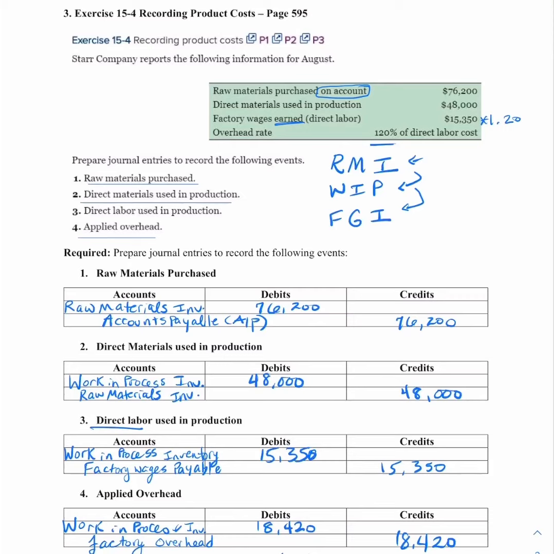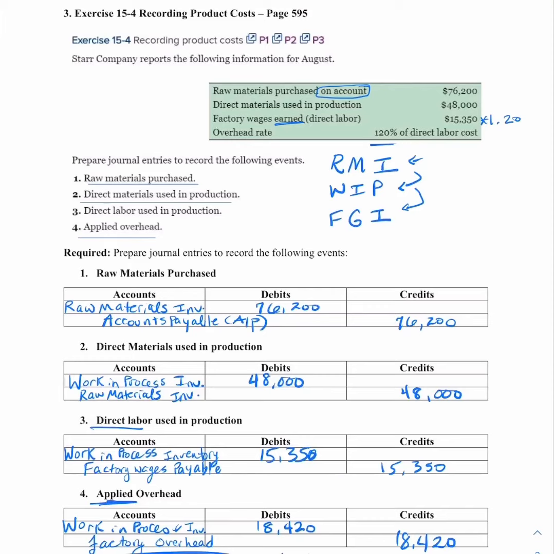If you remember the way T accounts work, the left side is a debit and the right side is a credit. So here we are applying overhead, so we credit factory overhead. If we were dealing with the actual overhead incurred, we would need to debit factory overhead. Hopefully that'll help you make sense of when you need to debit and when you need to credit.